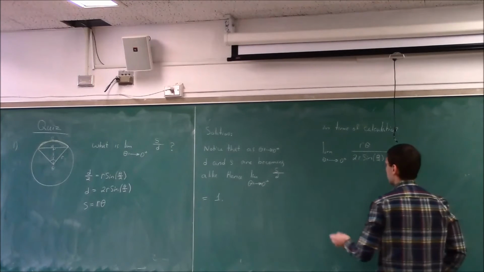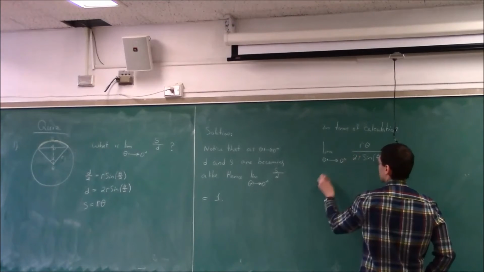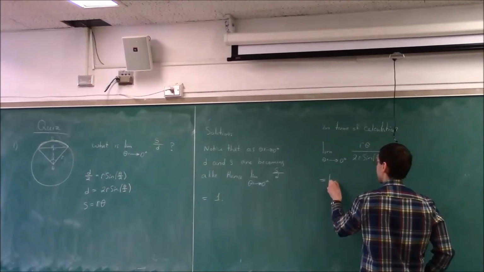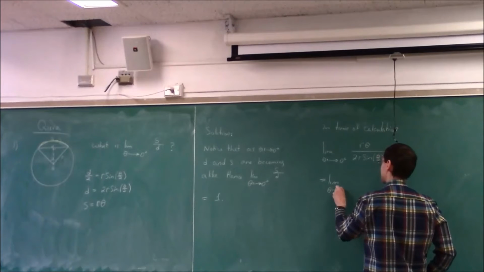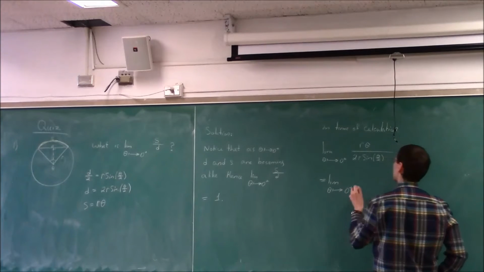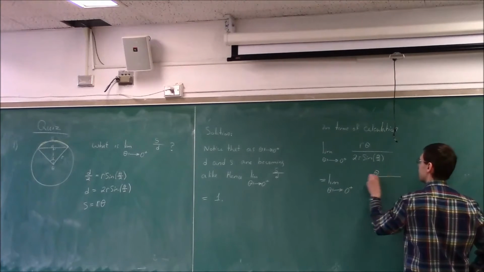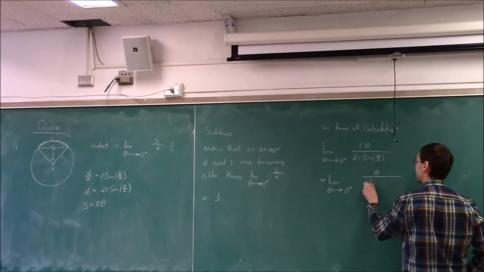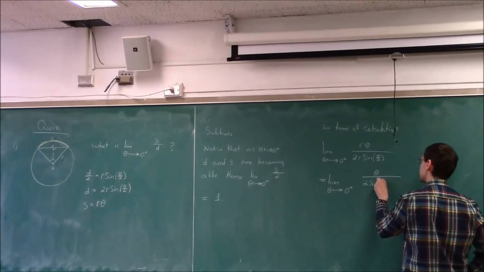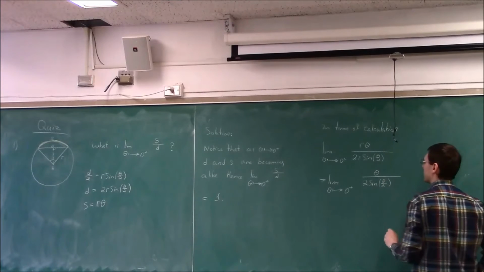Then this r crosses out. So this would be theta divided by 2 sine of theta divided by 2.